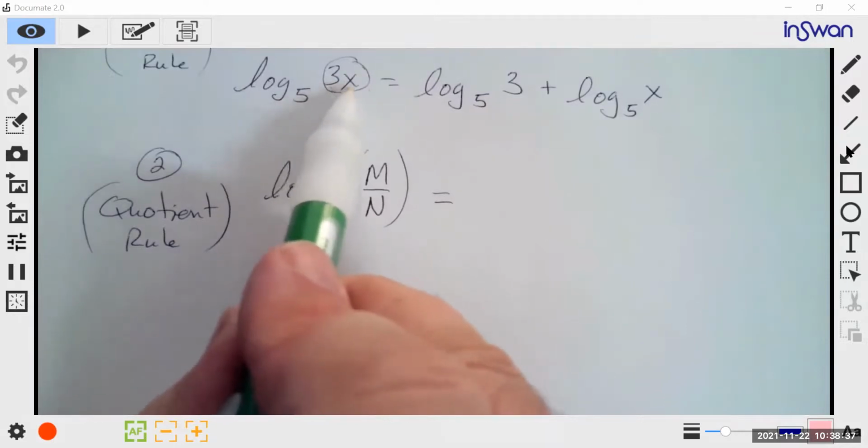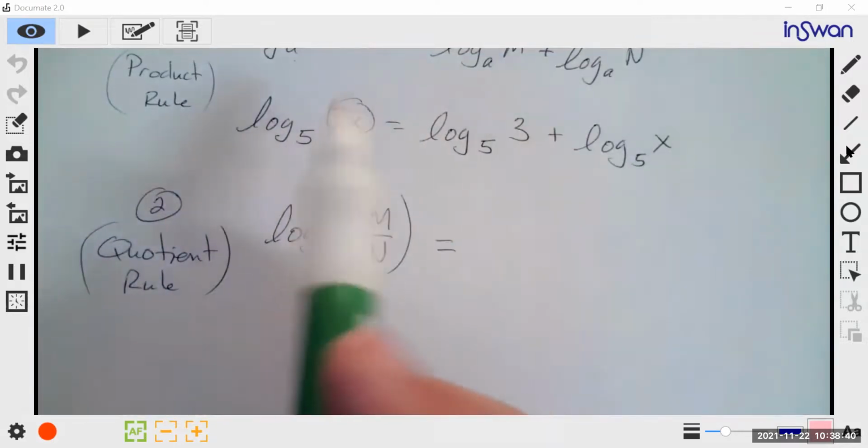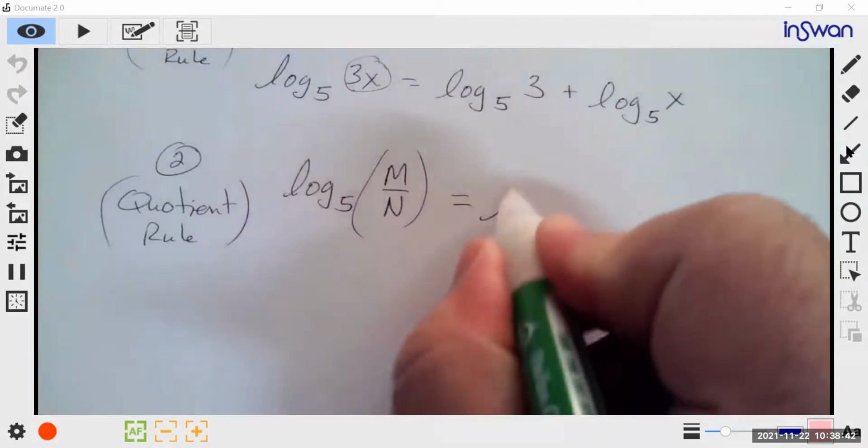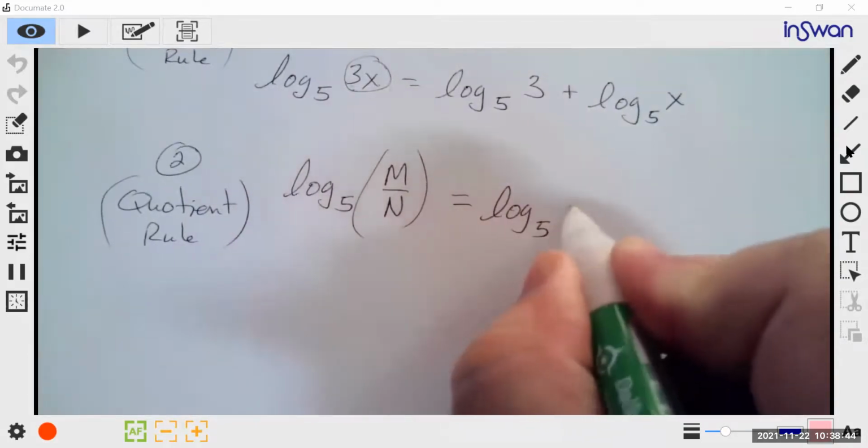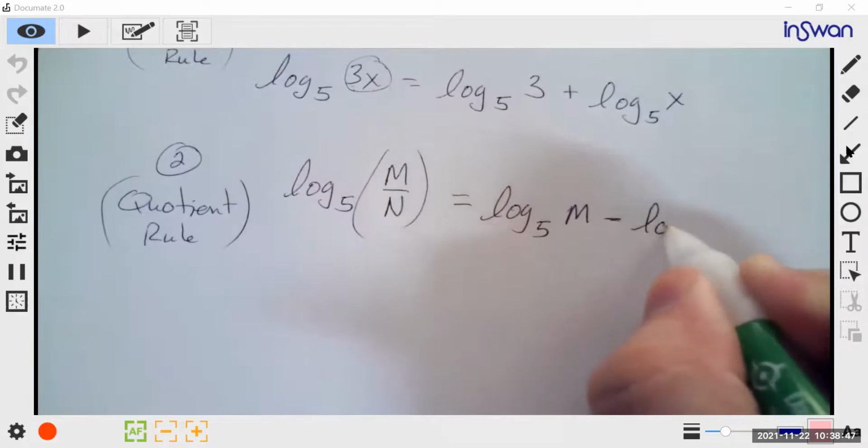When you multiply things, it makes things bigger. When you divide, it makes things smaller. So here we subtract the top minus the bottom.